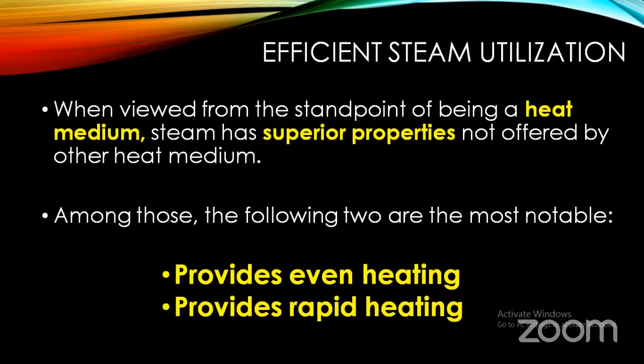The main notable property is that there will be instant conversion of the temperature. The steam has the tendency of giving even heating, and the heating is also very quick compared with other fluids. Suppose we are using hot water to convey the heat, the process is very slow compared with the steam.